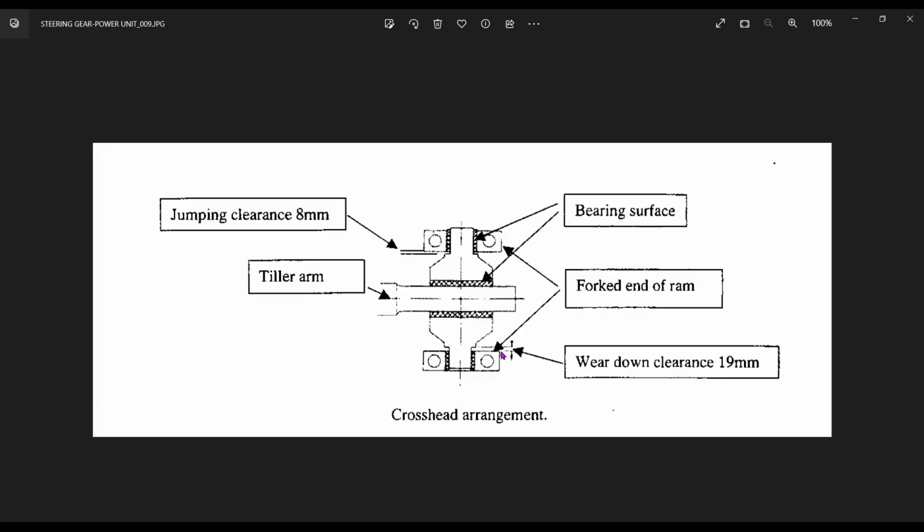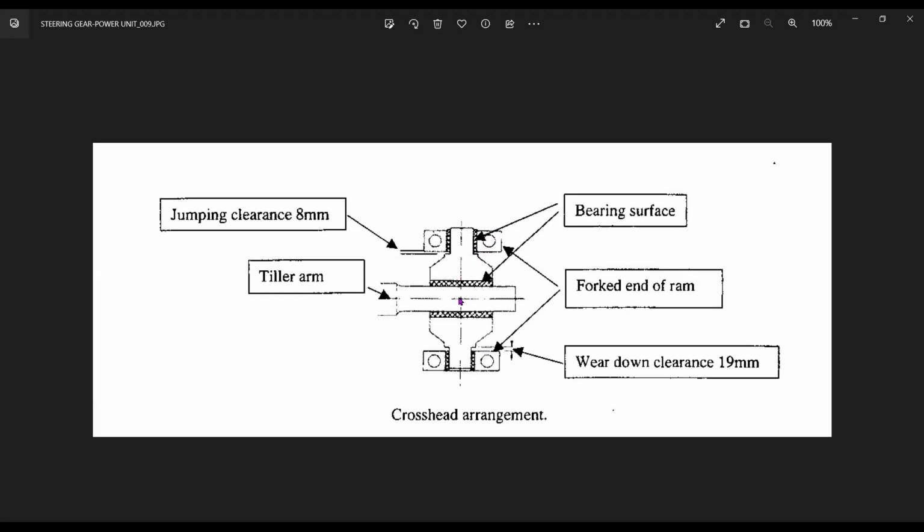So you see, this arrangement has got a large crosshead which is one complete piece. The weight of this crosshead is taken on the tiller arm, and the weight of the tiller arm is taken on the rudder carrier bearing. So if the rudder carrier bearing wears down, now in this case you have got forked rams and a tiller arm which is solid.